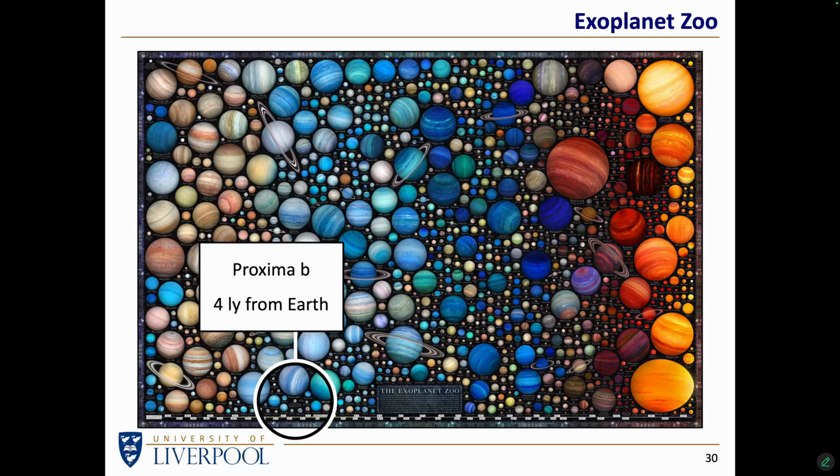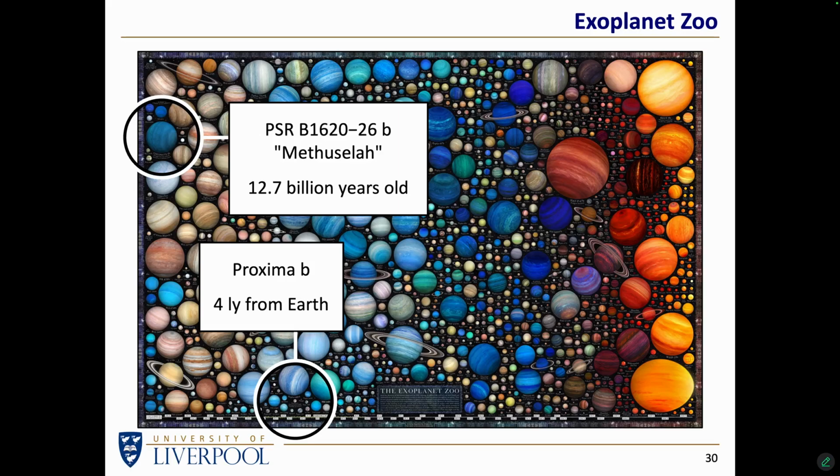What other interesting objects have we got there? Well, there's one planet that's been found that appears to be very old. This planet exists around a very old star, and we assume that the planets were made at the same time as the star. It's very difficult to see how a star could be made, and then a long time later, along comes a planet. We believe the planets were always made at the same time as the star.